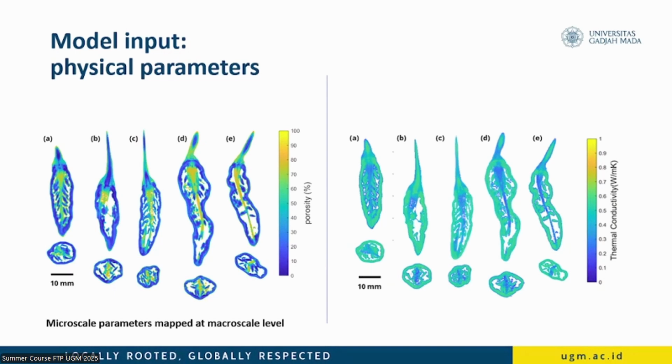So now we have maps of the porosity, which we know as micro scale parameter maps at the macro scale levels inside the chili. And we move to thermal conductivity maps as well. This is very important to analyze heat transport inside the chili during the storage, let's say.